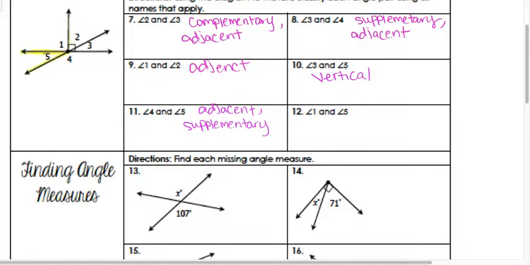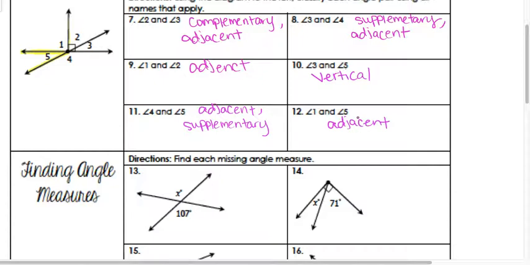Again, right off the bat, I noticed that we have a side that we're sharing here that's separating. So we have an adjacent. Is there anything else that you can see? Nope, nothing else. And that's it. We're done with that one.